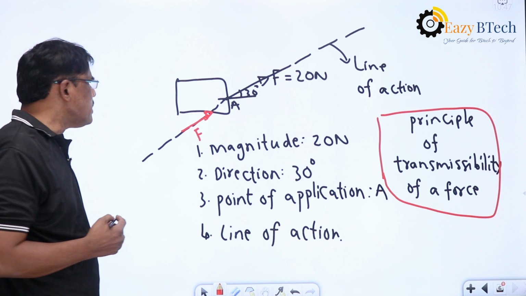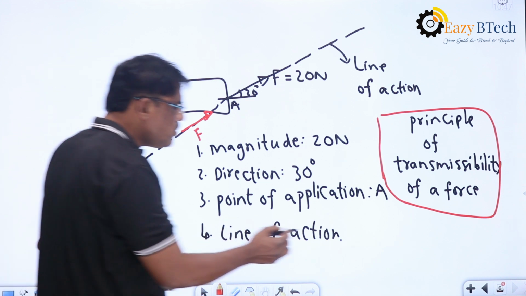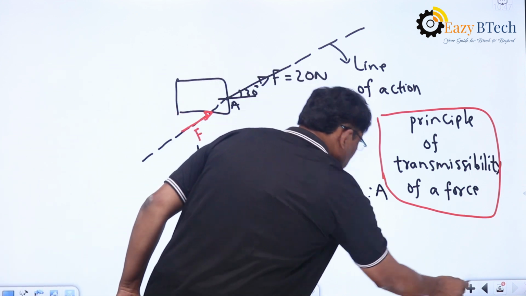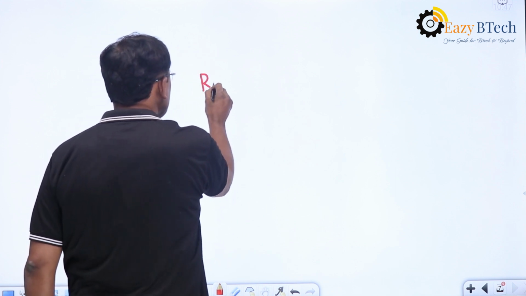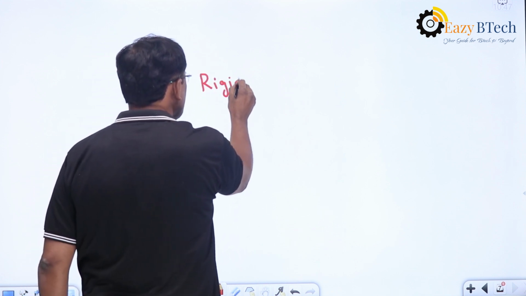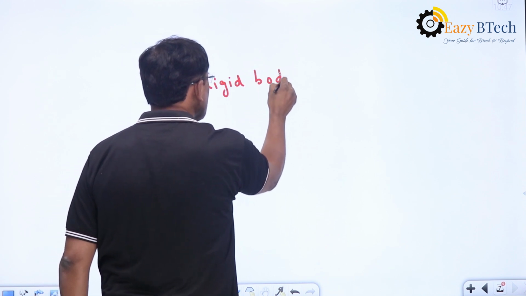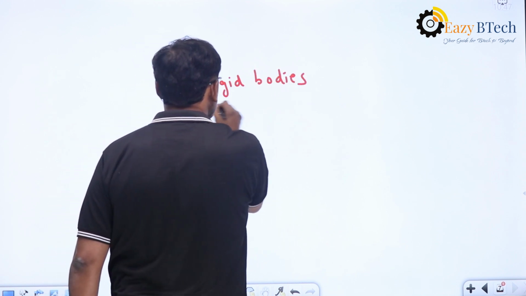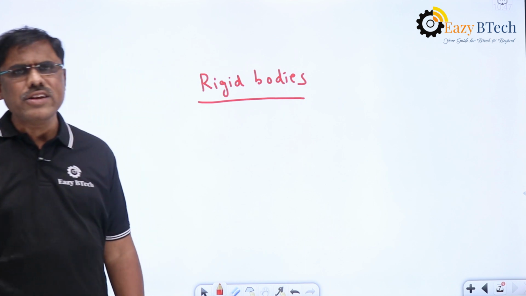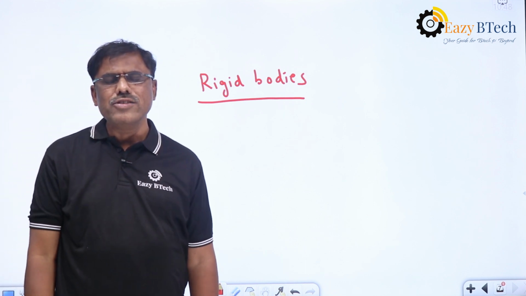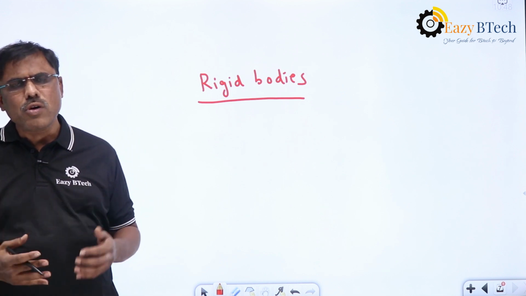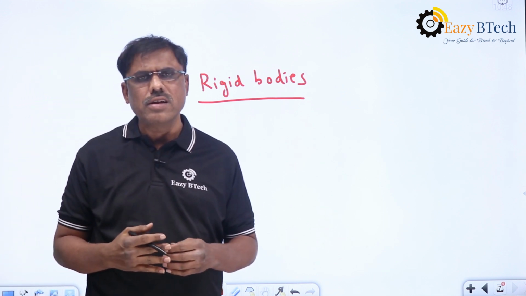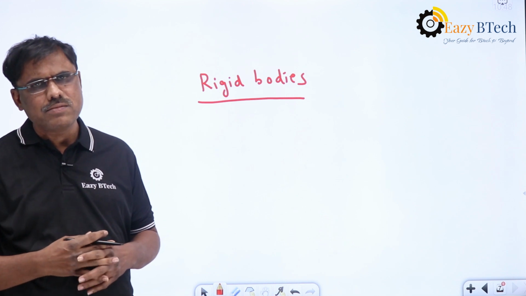One more important thing here is that engineering mechanics basically deals with rigid bodies. What is meant by a rigid body? A rigid body is nothing but a body which does not undergo any deformation when a force is applied.